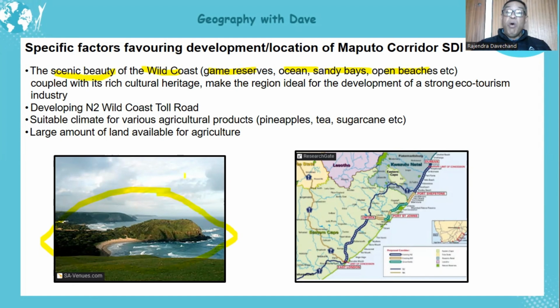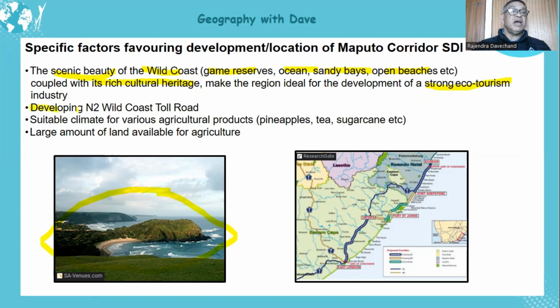And also, as I mentioned, it has a rich cultural heritage. People follow rich cultures, which determine their lifestyles, etc. Like I say, it's not only here, but in many parts of South Africa, we have valuable and rich cultural heritage, which attracts people to the area. It makes it ideal for the development of a strong ecotourism industry.